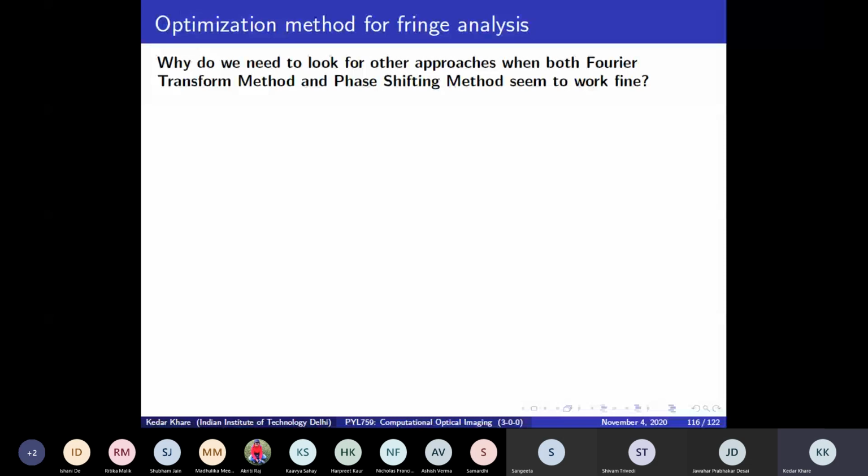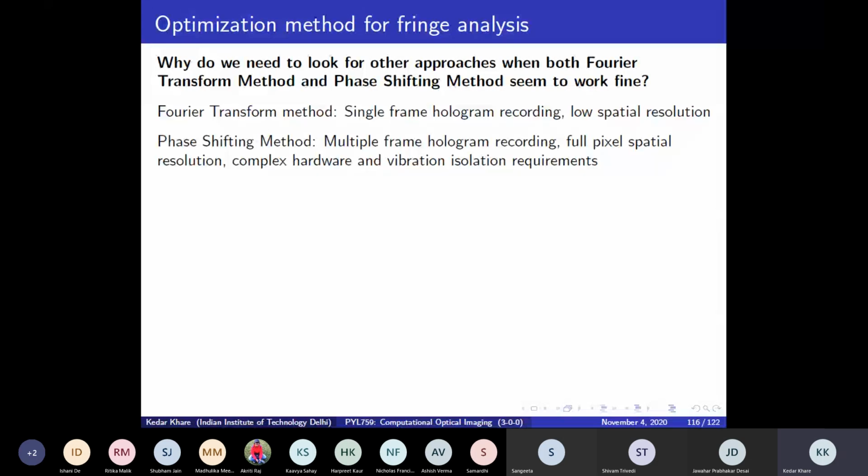So the point is, why do we need to look for another approach when both the Fourier transform method and the phase shifting method seem to work fine? But let us look at these two methods a little more carefully. First, the Fourier transform method, where you only require a single hologram frame. So you just have to set up an interferometer precisely, and after that you take one interferogram frame.